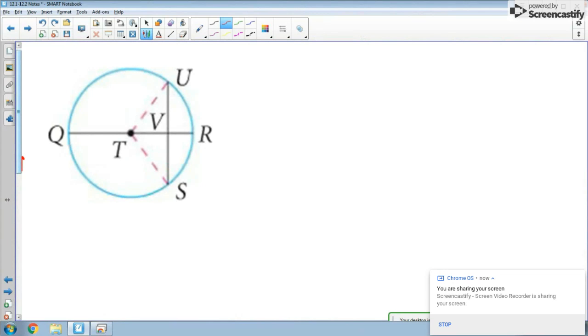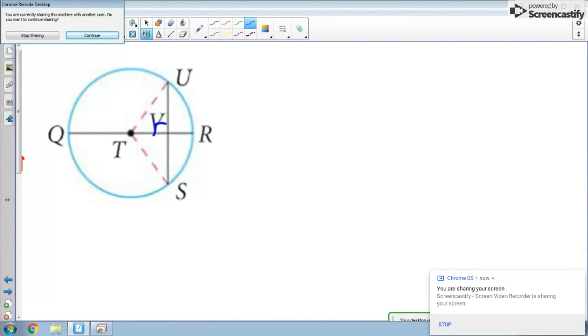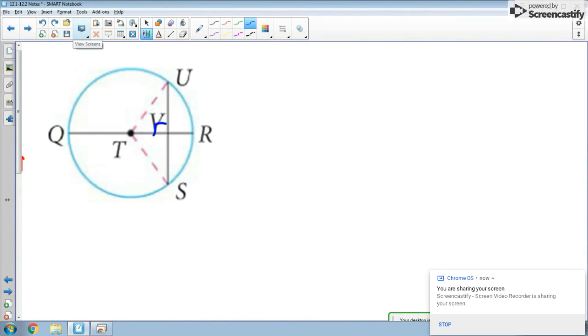A diameter that's perpendicular to a chord bisects the chord and its arcs. So let's say, for example, this is right here. This is 90 degrees. If it's 90 degrees, we know that TU is equal to TS. These are congruent. So this is congruent to this for that reason.